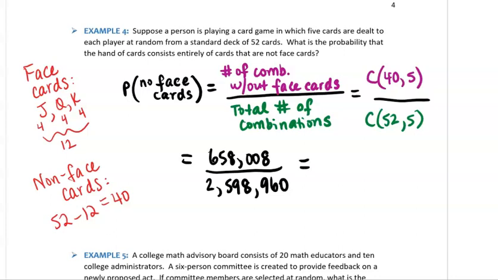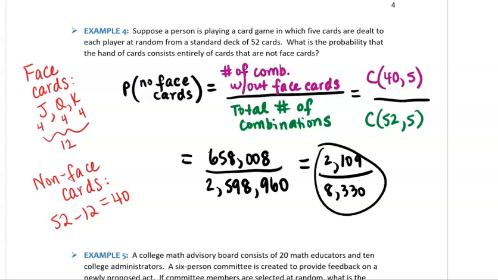This simplifies to 2,109 out of 8,330, which is approximately 0.253, or as a percent, 25.3%. So there's about a 25% chance that if we're randomly dealt 5 cards, none of the cards are face cards.